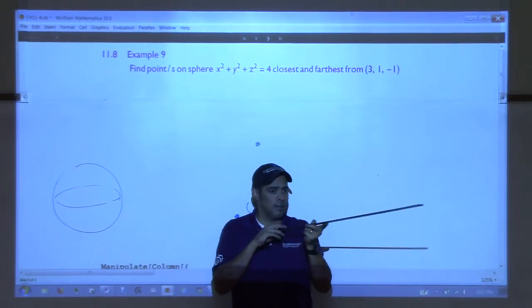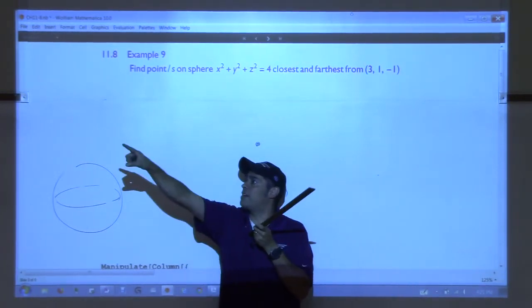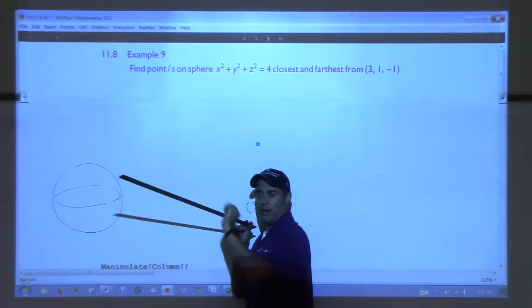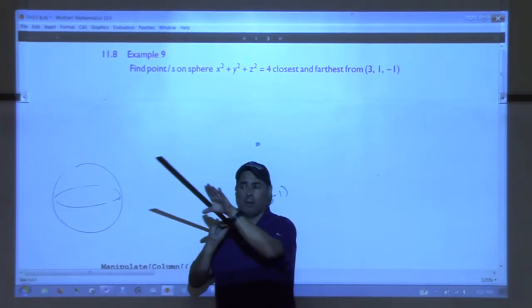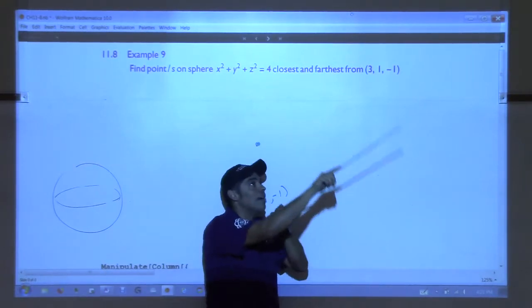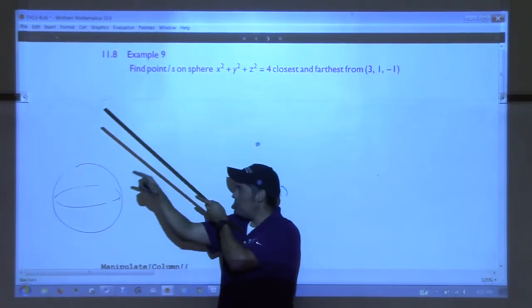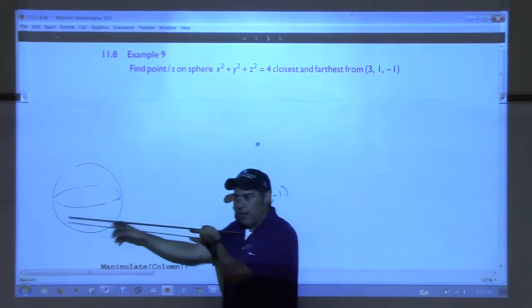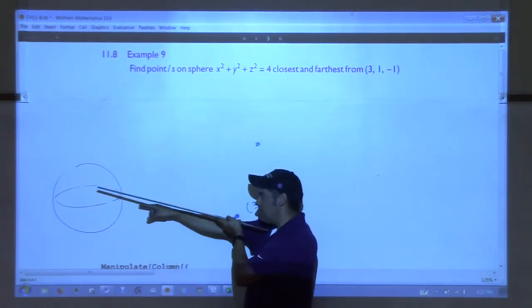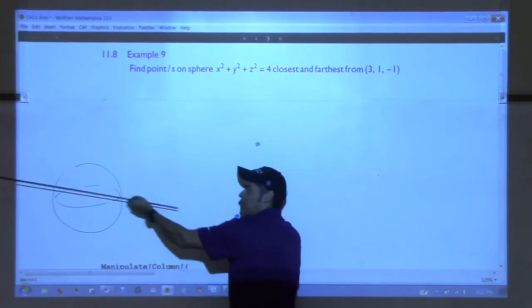If you give me some point (x, y, z), there is a distance to that point. So that is our objective function, some distance function. But I'm not allowed to just look around anywhere. I can only look at points here. That's our constraint: it forces you to look at just the points that live there.